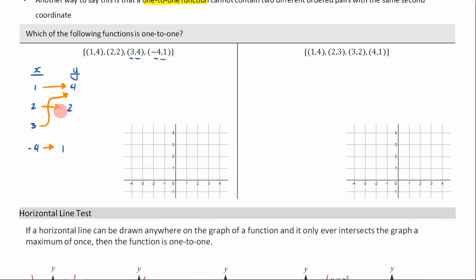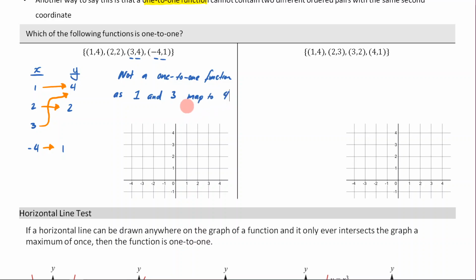Perfect. So now the question is whether or not this is a one-to-one function. And it's not a one-to-one function. So let's write down that it's not and then give the reason why. So it's not a one-to-one function. And then we're going to say, now this is the reason, 1 and 3 map to 4.